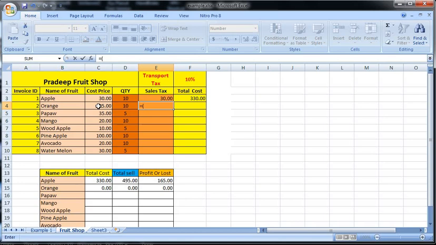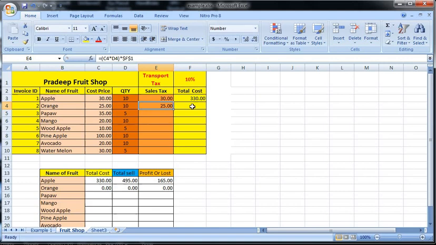I'll multiply the cost price with the given quantity, and that particular answer I'm going to multiply by the absolute cell reference. So my absolute cell reference will be absolute F and absolute row. So the column and the row freeze, they never change, and if I enter that, I now get 25 of sales tax, or the transport tax.